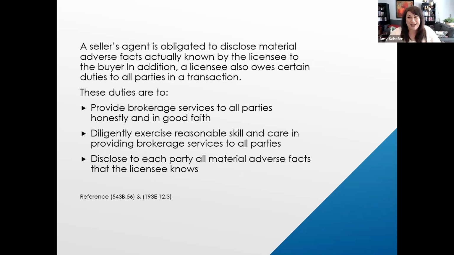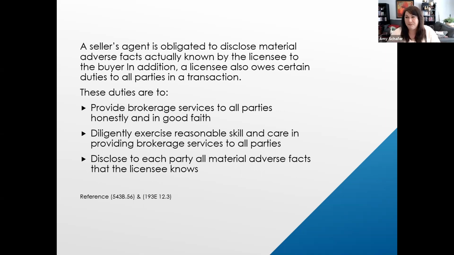We're going to talk about material adverse facts multiple times in this course. But let me just give the overview, and then we're going to do it again in another section. A material adverse fact is something of such significance that it would change a party's decision to go into contract, or it would change the contents of that contract.